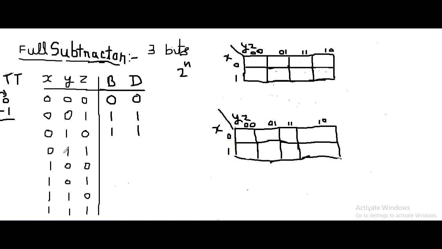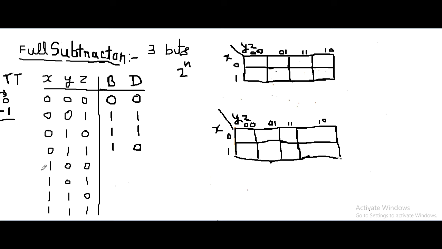Now in the case when x is 0, y is 1 and z is 1: 0 minus 1, then 1 minus 1 is 0, so the difference is 0 and the borrow is 1 again, because when you subtract y from x you have to take a borrow. So the borrow will be 1.